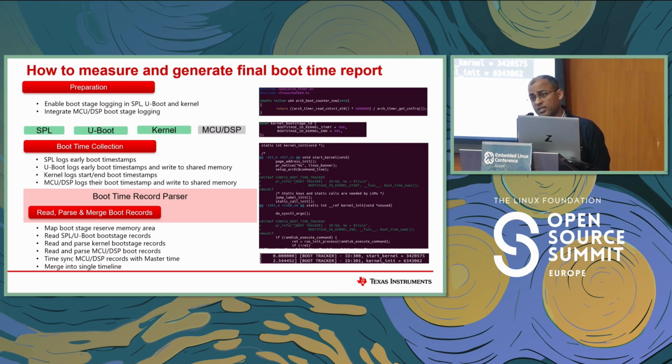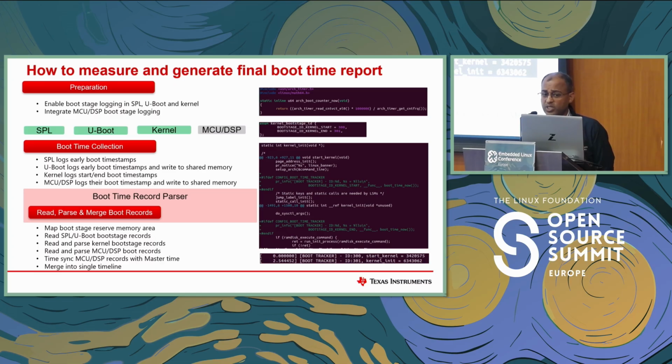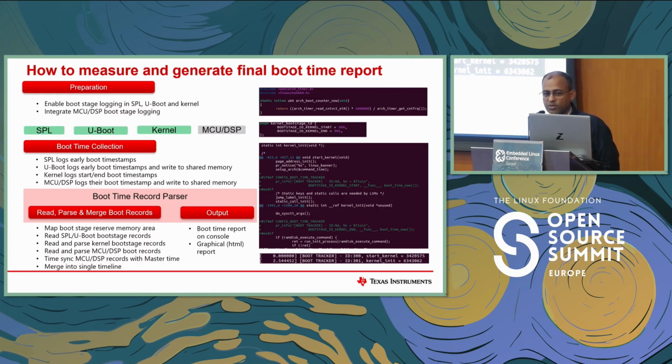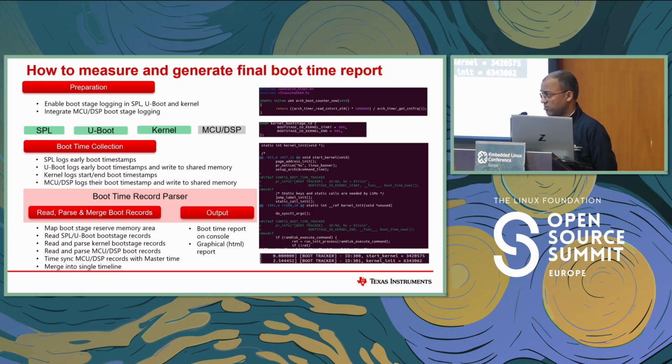It will read all other components in your SoC, whatever is there, their boot records. It will read and parse the kernel boot messages. It does the time synchronization between MCU and DSP records with master time, and then merges into a single timeline. And then finally, the output gets generated, which is basically your boot time report on the console, as well as an HTML file, which you can view in your browser.